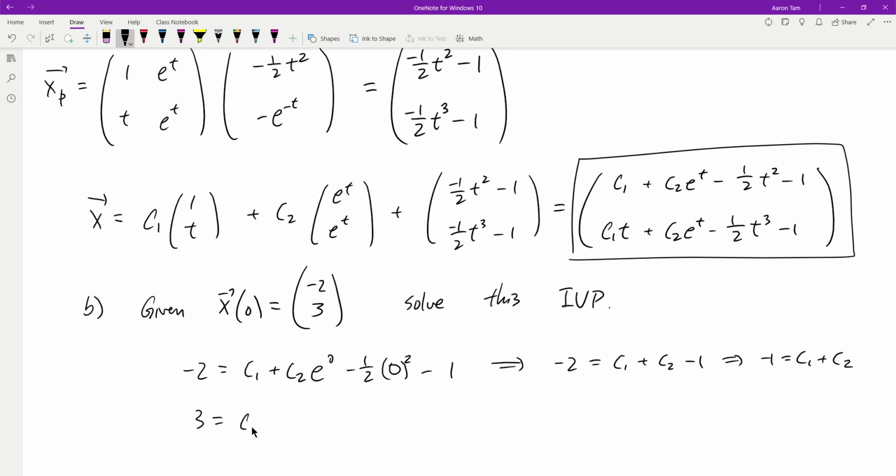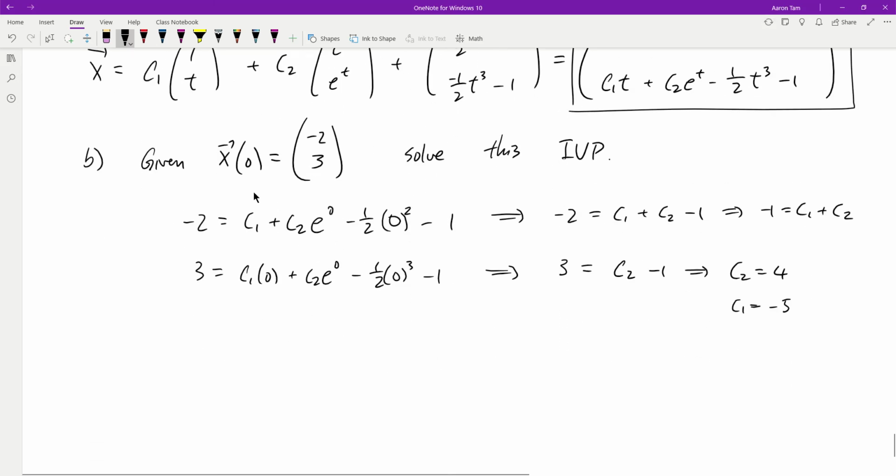So 3 equals c1 times 0 plus c2 e to the 0 minus 1/2 times 0 to the third minus 1. This is even nicer because c1 gets eliminated. So 3 equals c2 times 1 minus 1, so c2 must be 4. And therefore c1 must be negative 5. And so those are my constants.